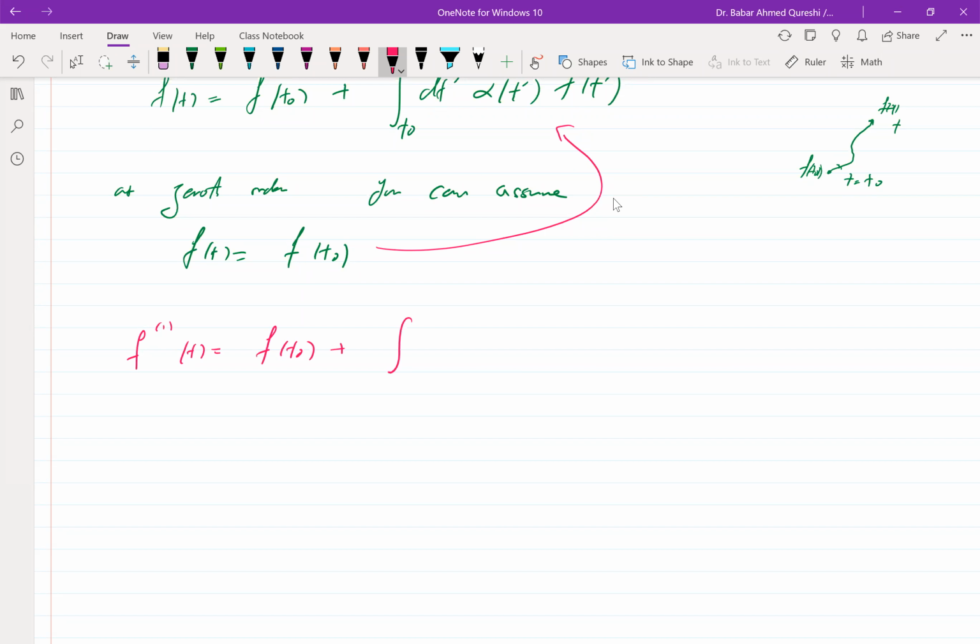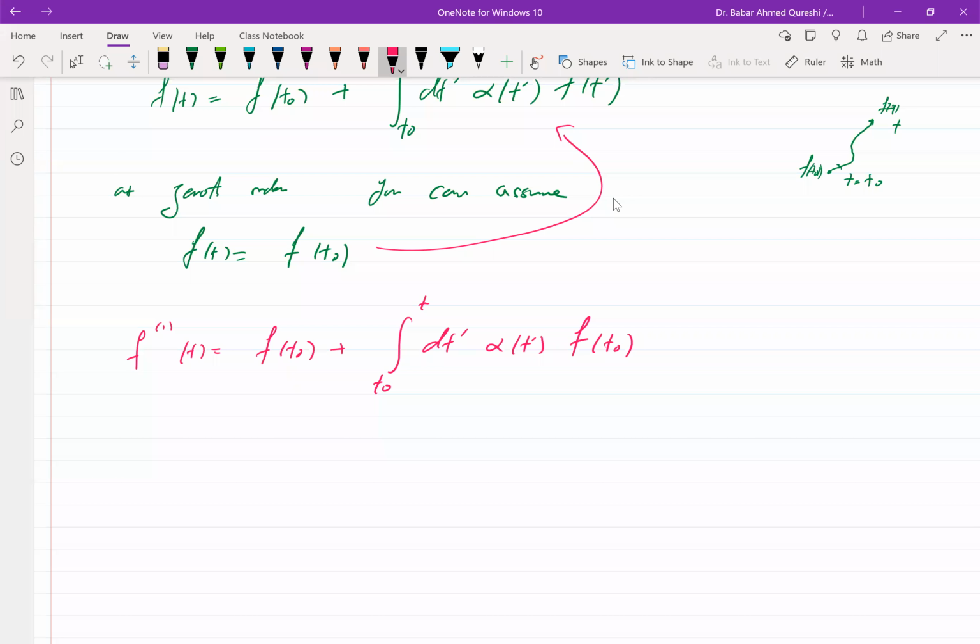f of t equals f of t naught plus the integral from t naught to t of dt dash alpha of t dash f of t naught. Now you have got this next order solution.